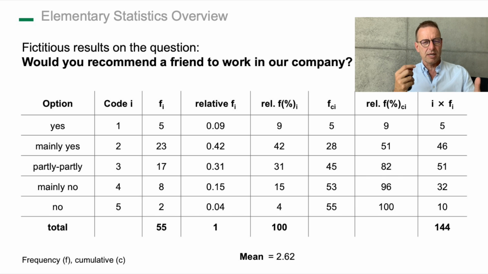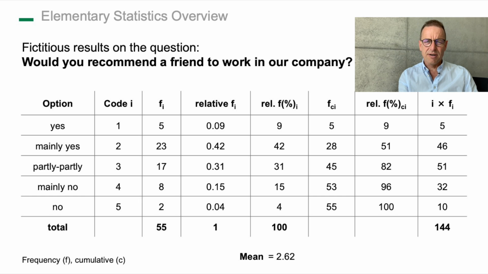When we look at the coding, that's somewhere between the 2 and the 3, between the mainly yes and the partly, with a slight tendency towards the partly, because it's more towards the 3 than towards the 2. 2.5 would be exactly in between. It's 2.6, so that leans a little more to the partly. That's already information that tells us something, and it's really reducing complexity.